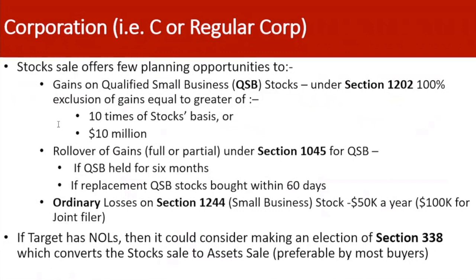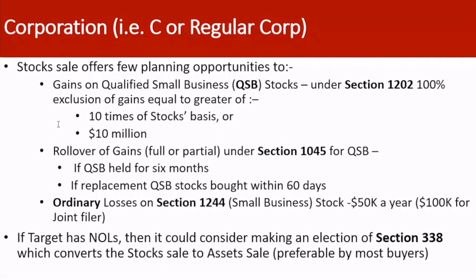As far as the exit perspective, there are a few planning opportunities available specifically for the C corporation. A C corporation is the only type of entity which allows the capital gain exclusion for qualified business stock.